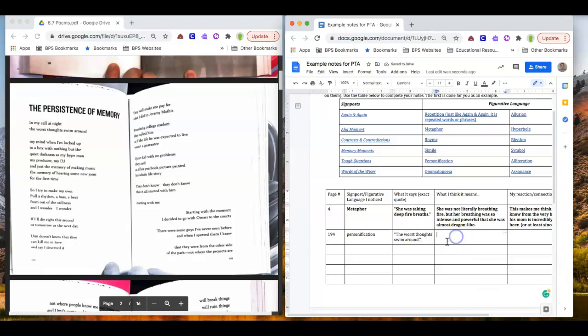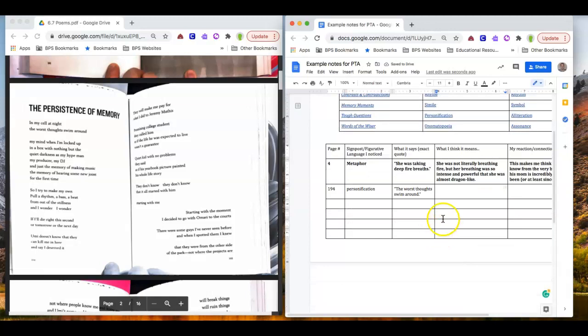Then the next thing that I need to do is what I think this means. I'm going to look inside my own brain and just think about what that means to me. I'm going to say this means that his head is full of many overwhelming thoughts.